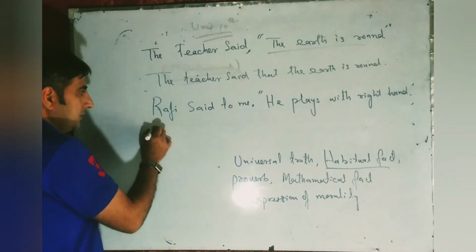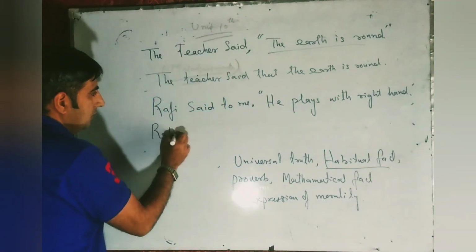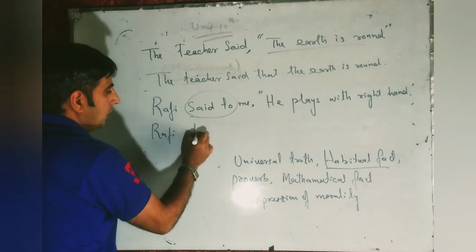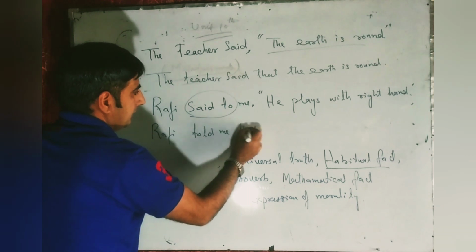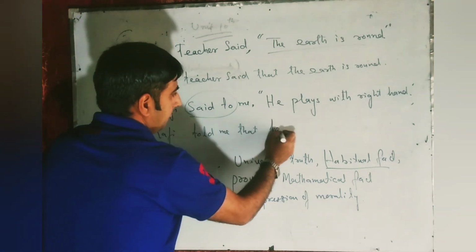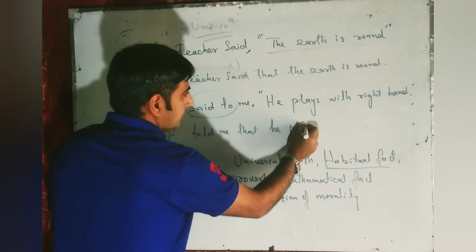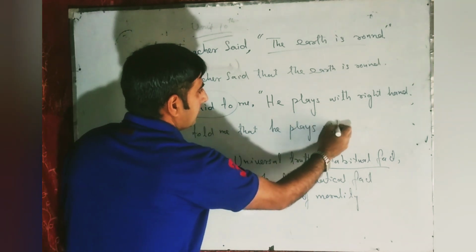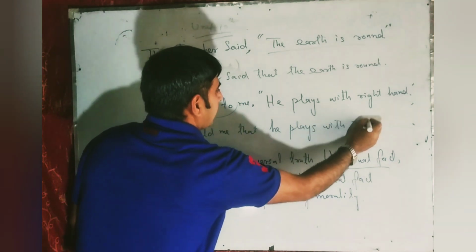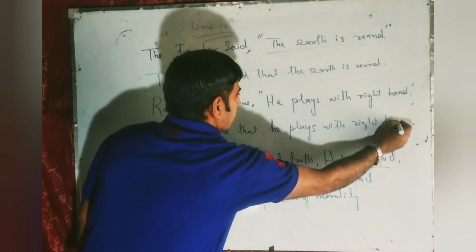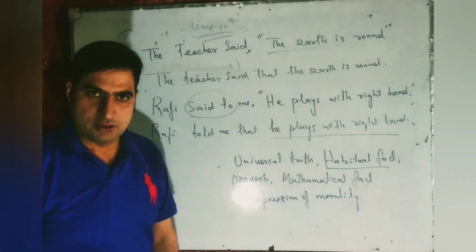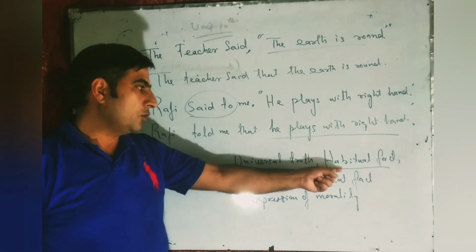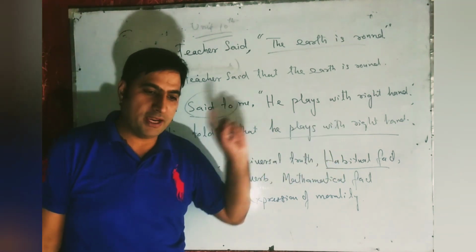This will also remain unchanged. So Rafi said will change into told. Told me that he plays with right hand. See here again, this is unchanged. Why this unchanged? Because I told you this is habitual fact.